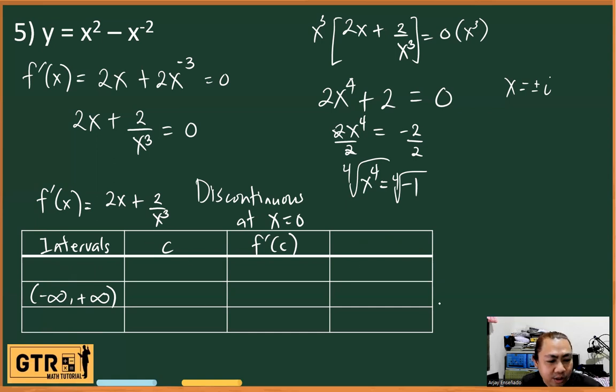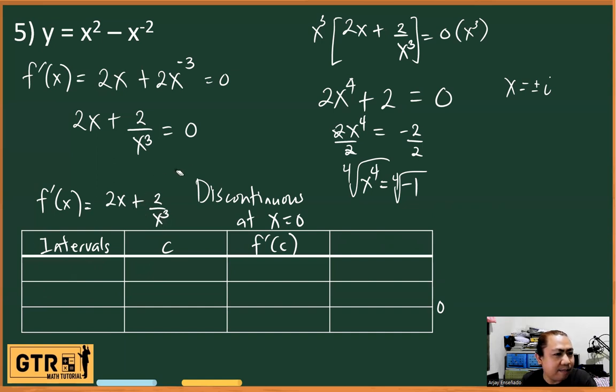So therefore, yun yung magiging critical point natin, 0. So hindi ko agad napansin yung discontinuity natin. So may discontinuity pala dito, at x equals 0. Because at x equals 0, ang function natin ay undefined dito.